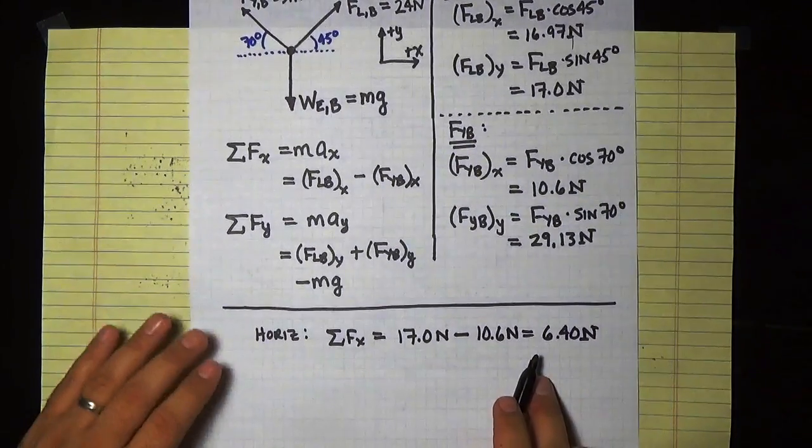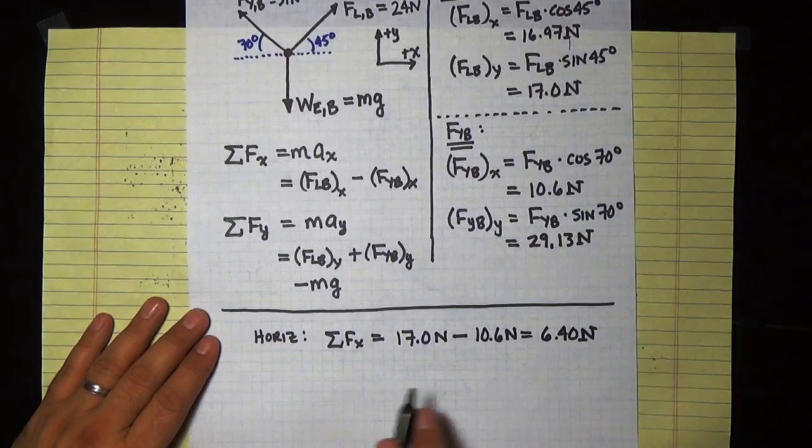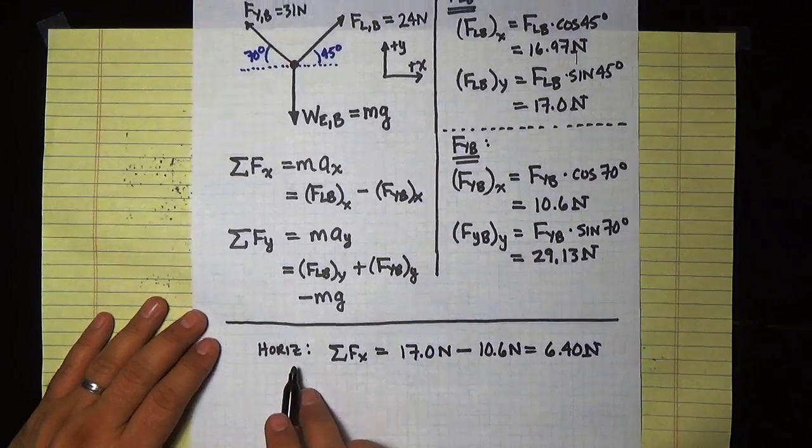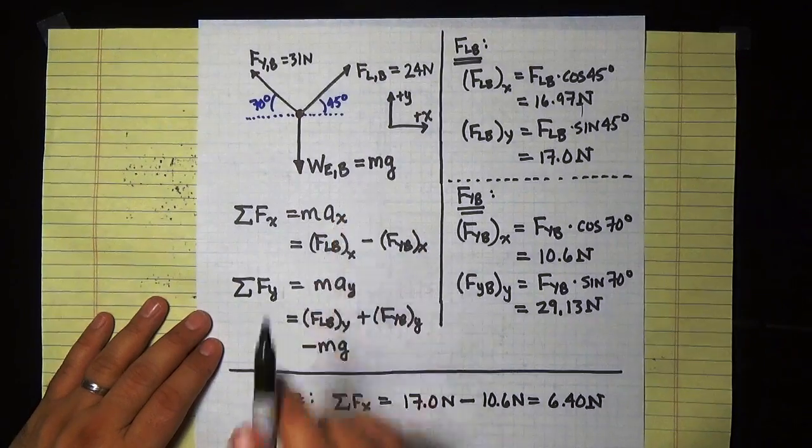It is positive, so the net force in the horizontal direction is in the positive direction, which is towards me in terms of our picture.